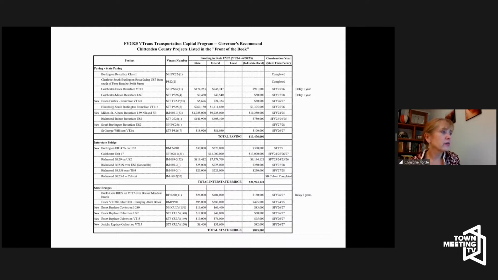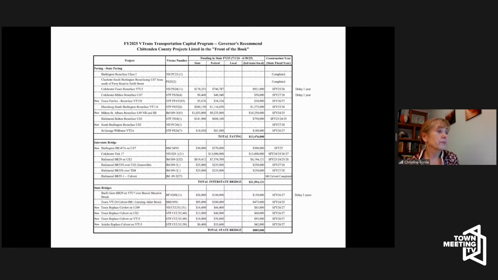Interstate bridges, there's several interstate bridges and renovation, and just not major, but upgrade, routine maintenance to be happening in several of the bridges. Exit 17 is the large bridge project that will be happening, and we'll be spending quite a bit of money this year. State bridges, we have several new culvert projects that have come on this year.